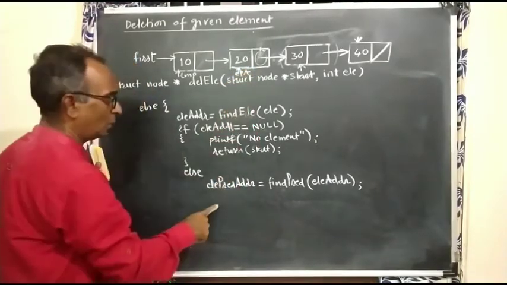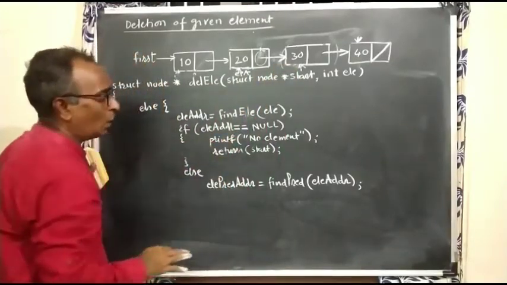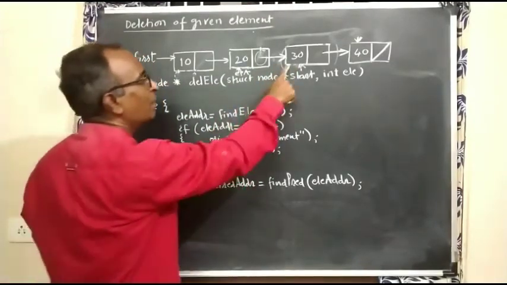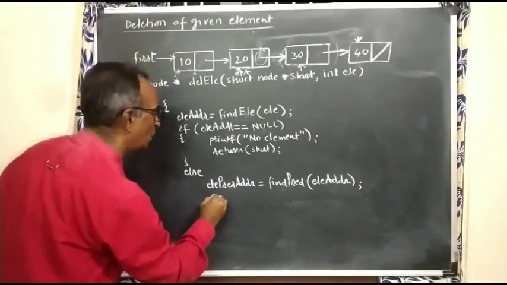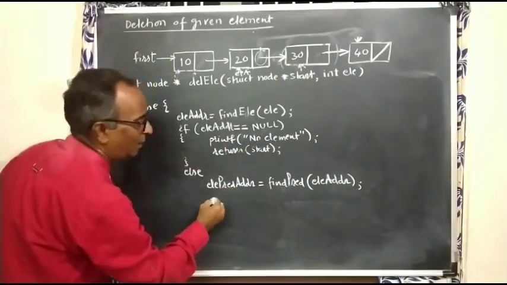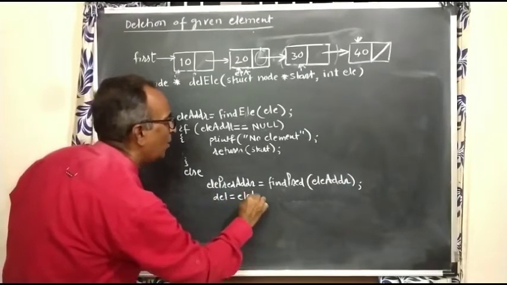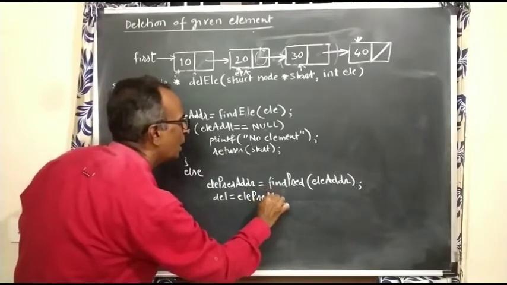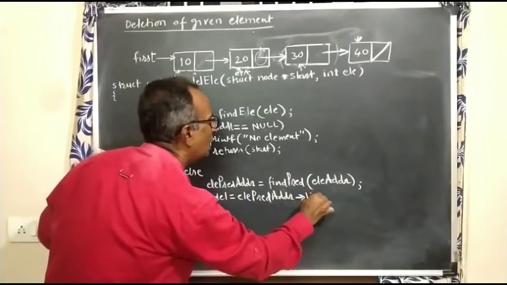I'll shortly write this. Which node are you deleting? This 30. So how are you tackling this? This node's address you are storing in some temporary. Suppose the node to be deleted is the element's predecessor address. Its link you are giving.